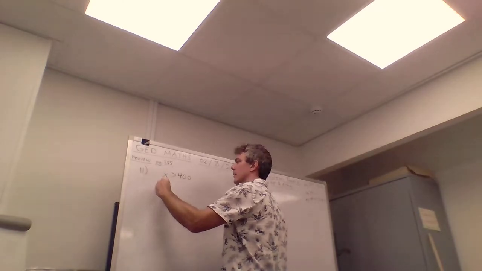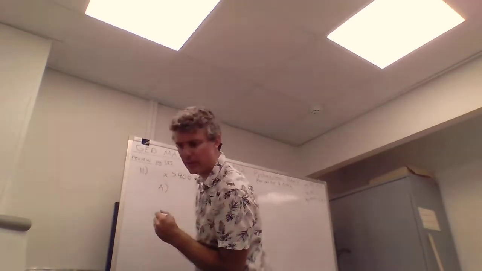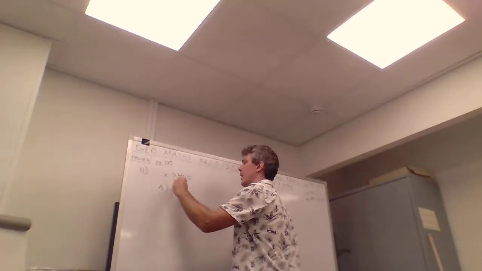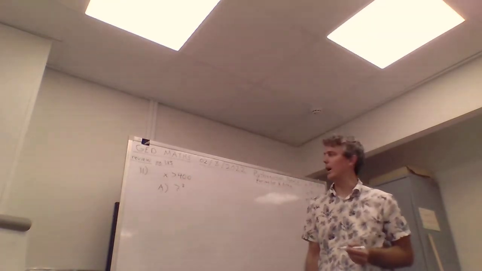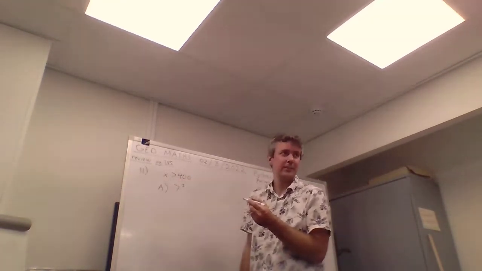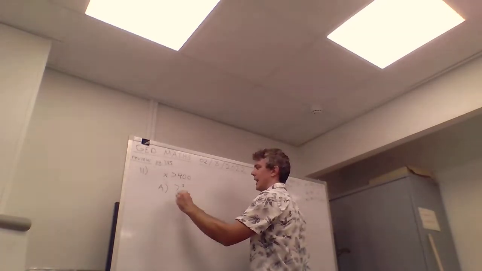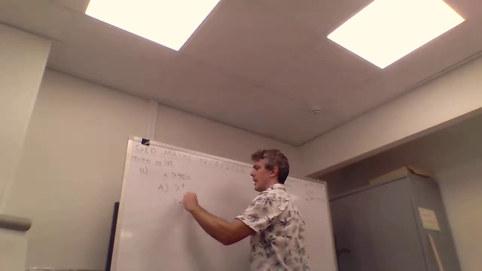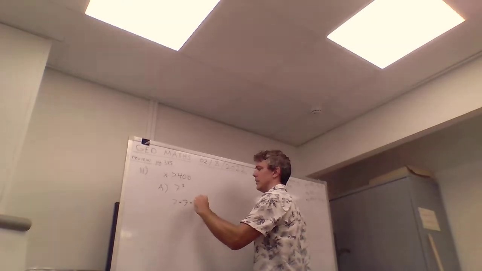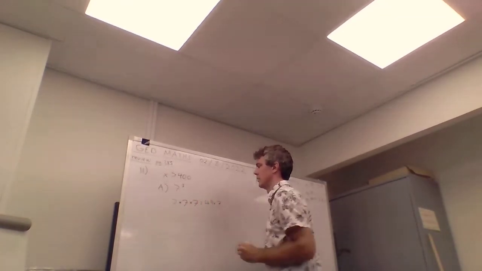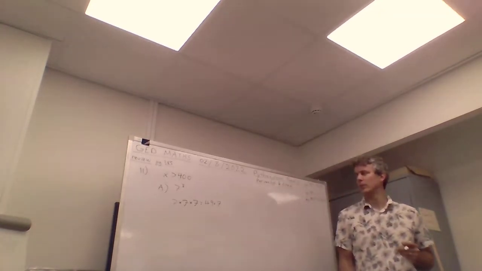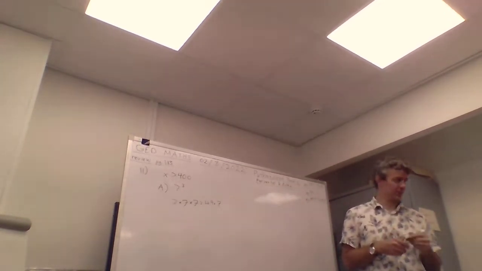So A is 7 to the power of 3, right? So what's 7 to the power of 3? You know what that is? It's 7 times 7 times 7, which equals 49 times 7. You can use your calculator.